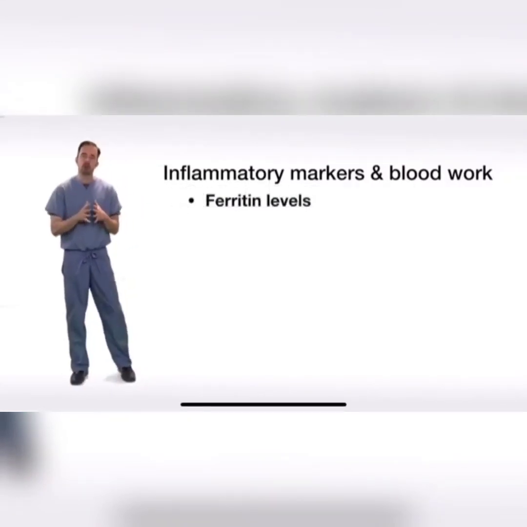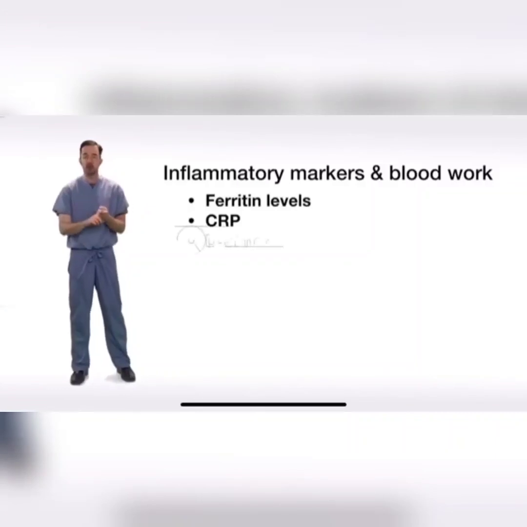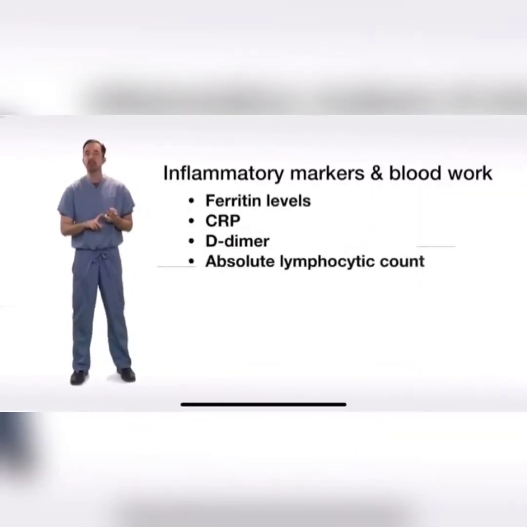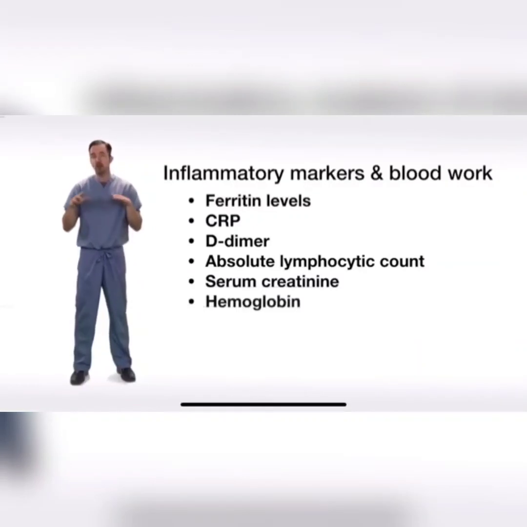So some of the markers I'm watching in particular and ordering every day include ferritin levels, C-reactive protein or CRP, their D-dimer level, their lymphocyte count, specifically because patients with COVID-19 have low absolute lymphocyte counts. And I've noticed as they improve, those counts improve as well. In addition, I'm watching obviously their creatinine, their hemoglobin, and as you would on any patient every day, their eyes and nose I follow very strictly.